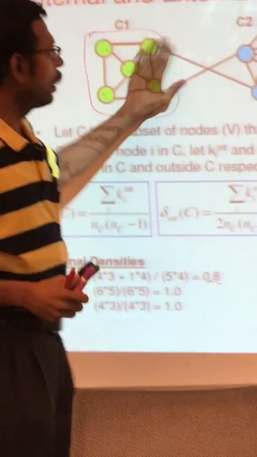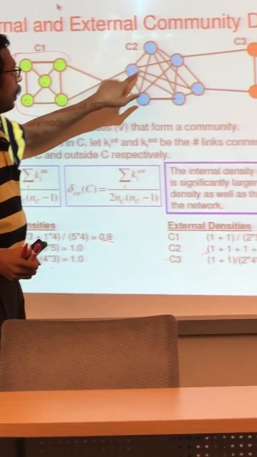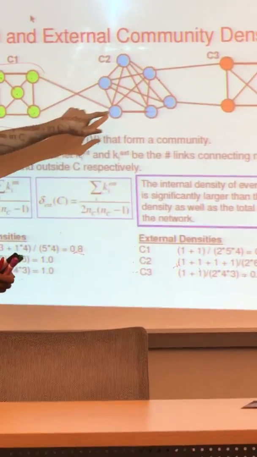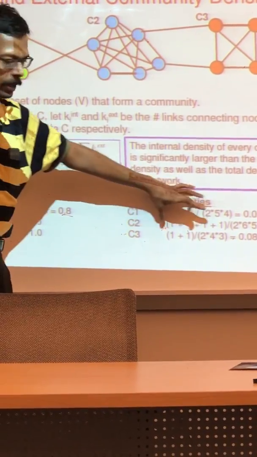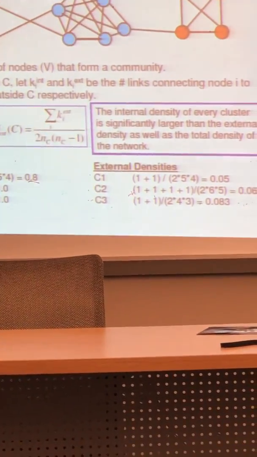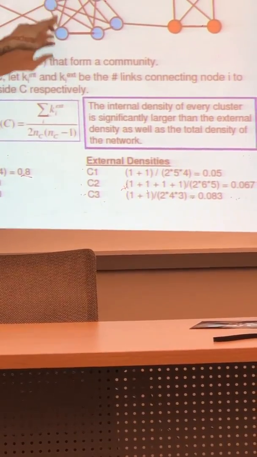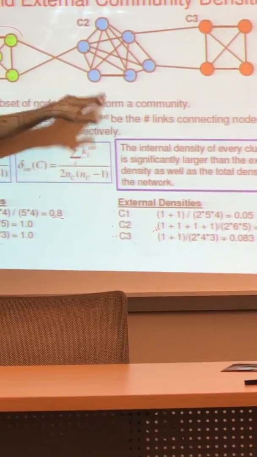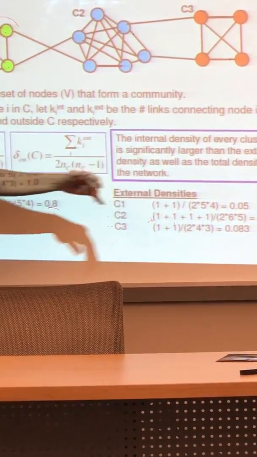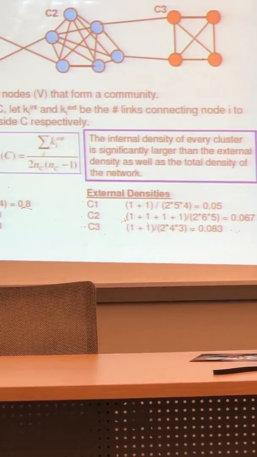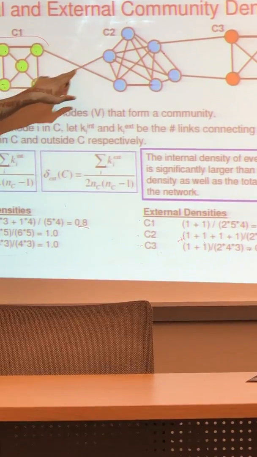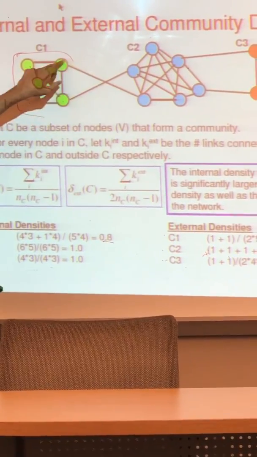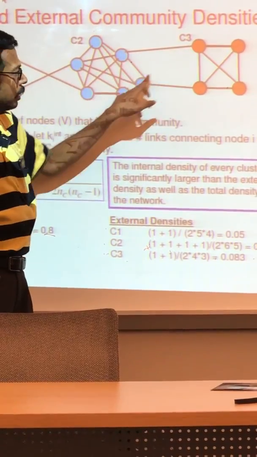Now again, from this community point of view, you have one edge going outside, another edge, and then 2 more edges. So one edge, another edge, third edge, fourth edge.